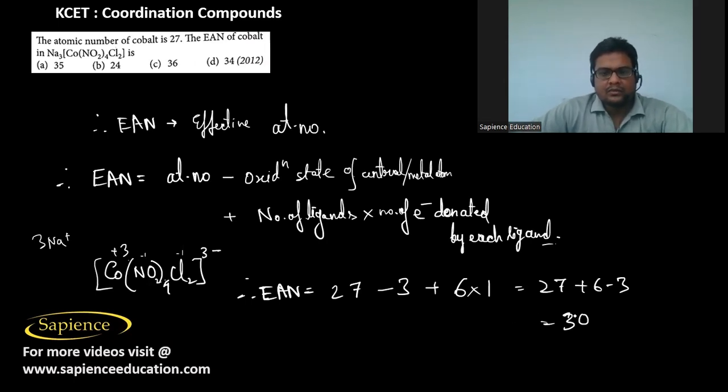So the EAN value for cobalt is 30. So it means that none of the options are correct.